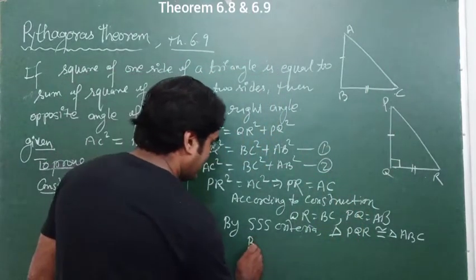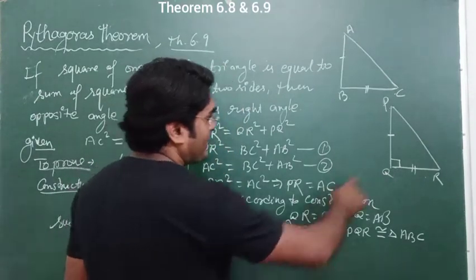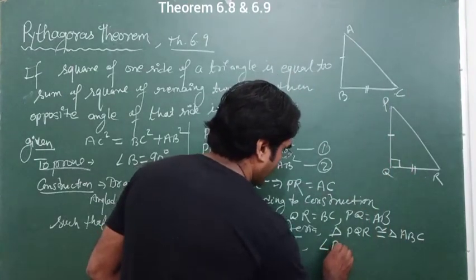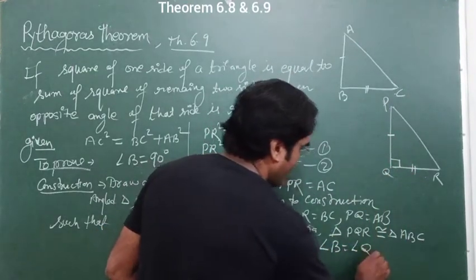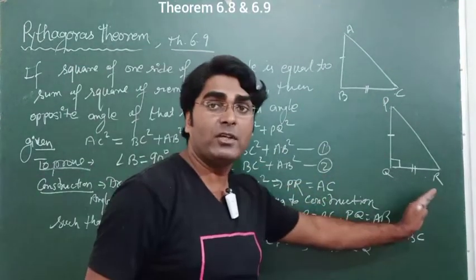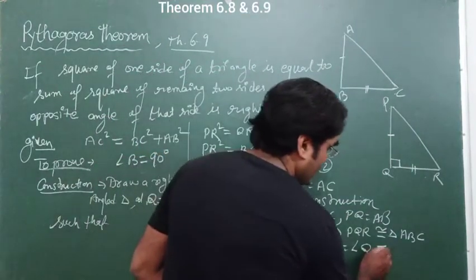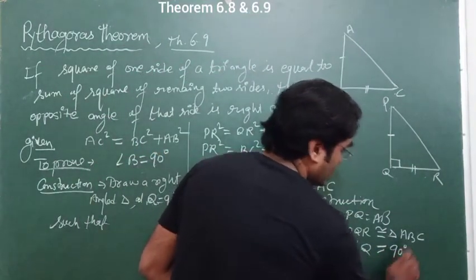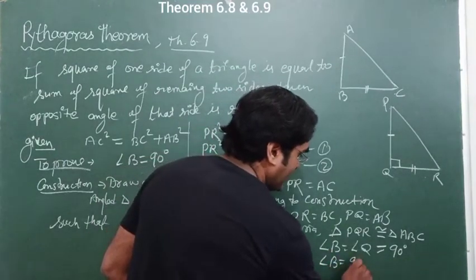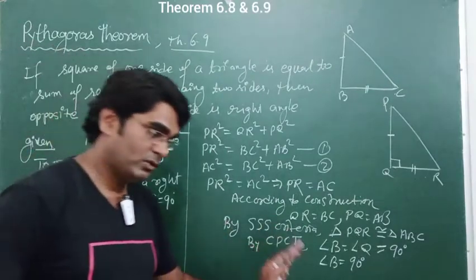So by CPCT, angle B is equal to angle Q. We constructed triangle PQR where Q is 90 degrees, so angle Q is 90 degrees according to your construction. So angle B is 90 degrees. This is proved. This was the theorem.